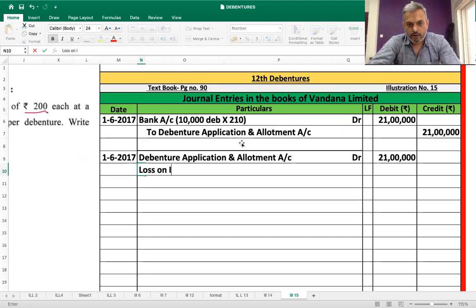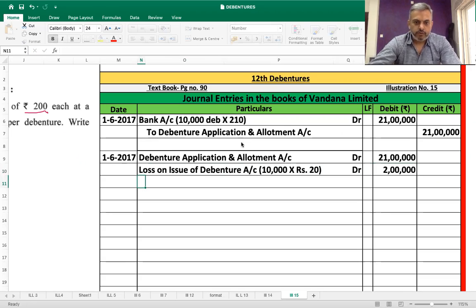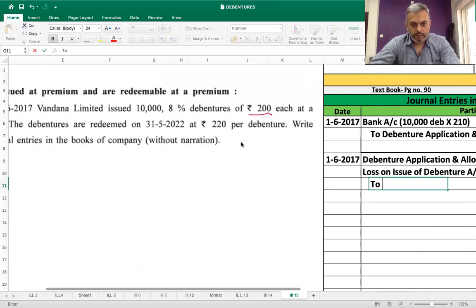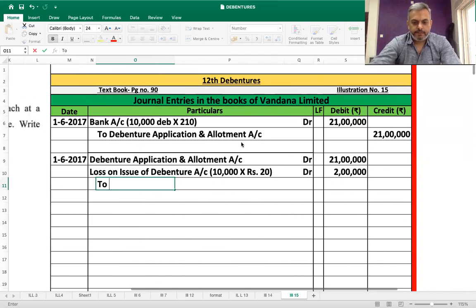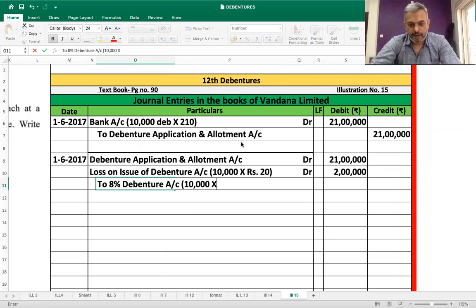So loss on issue of debenture account, 10,000 into rupees 20, so 2 lakhs, to 8% debenture account. Debenture always with the face value.